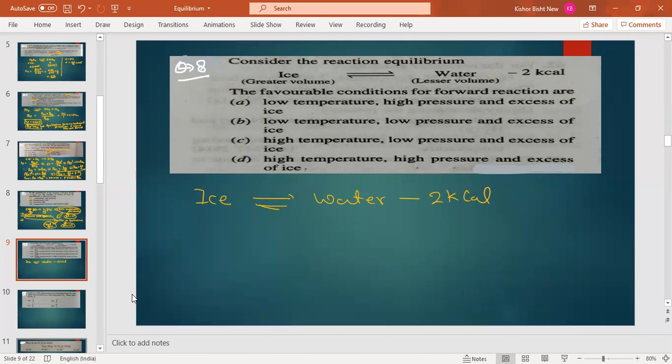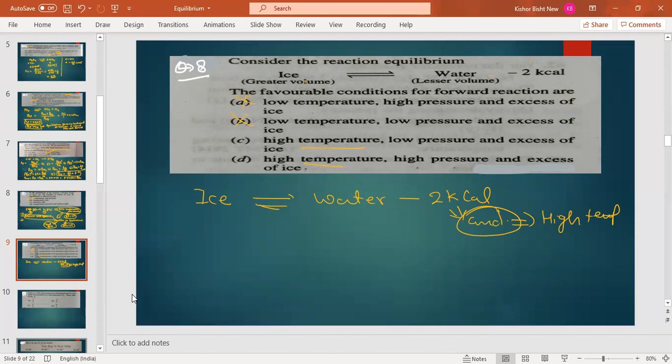So it is an endothermic reaction. Whenever we are going to convert this, we require high temperature. So it is not the answer.